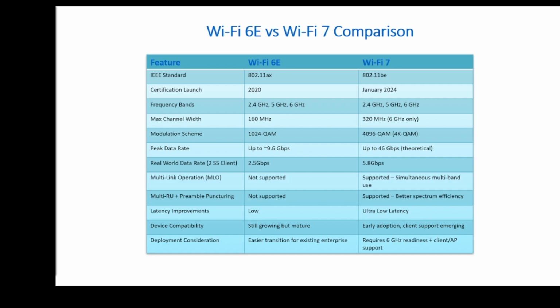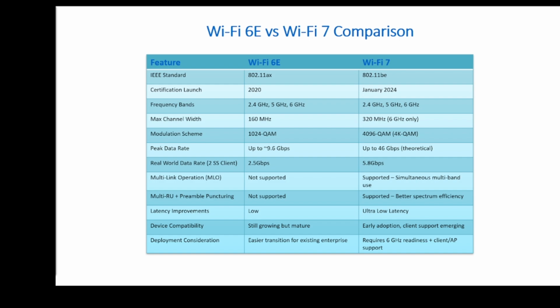But this is not practical. I think a more realized data rate will be right below the peak data rate using a typical two spatial stream device. For Wi-Fi 6E, that will be a max of 2.5 gigabits per second, and for Wi-Fi 7, it'll be more likely 5.8 gigabits per second.